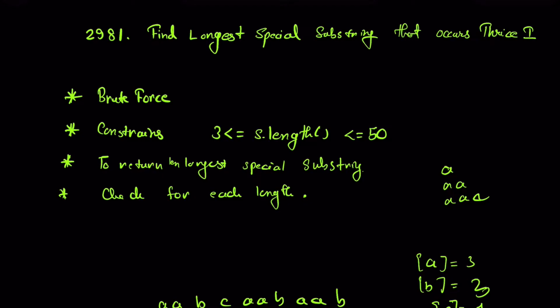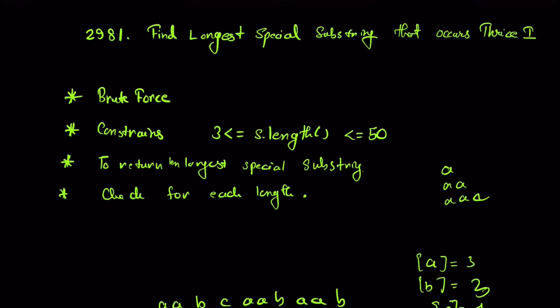Since we can use brute force here, we can try for each and every length of the substring and then check if its count is greater than or equal to 3.